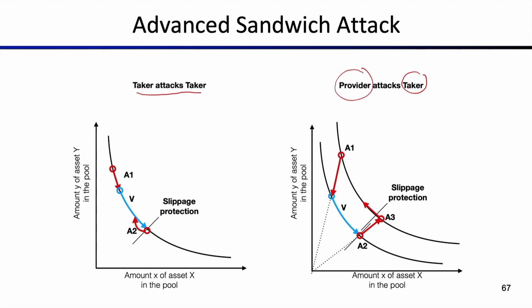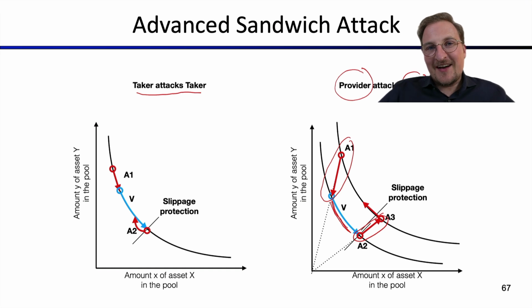So there may be settings where an LP can remove liquidity or add liquidity, and then do the reverse operation just to squeeze the victim into a worse price, right? These are settings that are certainly interesting to explore, and we haven't seen much quantitative analysis done on this angle so far.